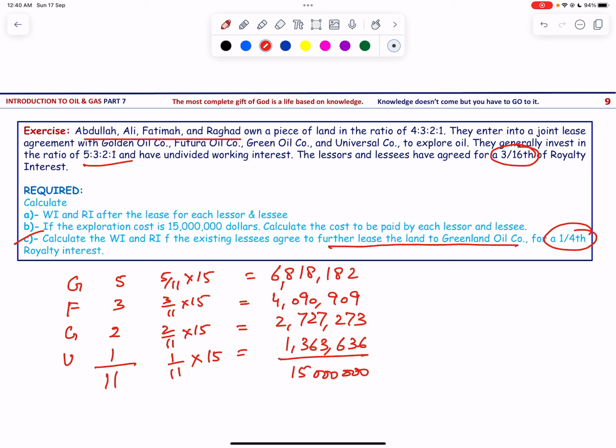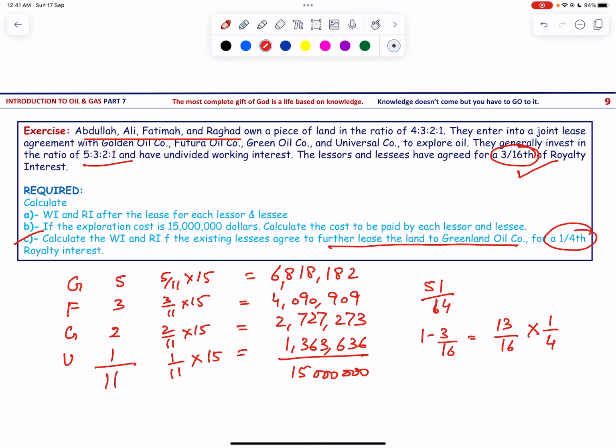and the Green Oil Company is going to receive 51 upon 64 of the revenue after paying. You see, now first of all they will be paying the royalty interest to Abdullah, Ali, Fatima and Ragad. So this will be equal to 13 upon 16, and then from this 1/4 will be taken away by the four oil companies, because they are leasing the land to Greenland in exchange of 1/4 of royalty interest.